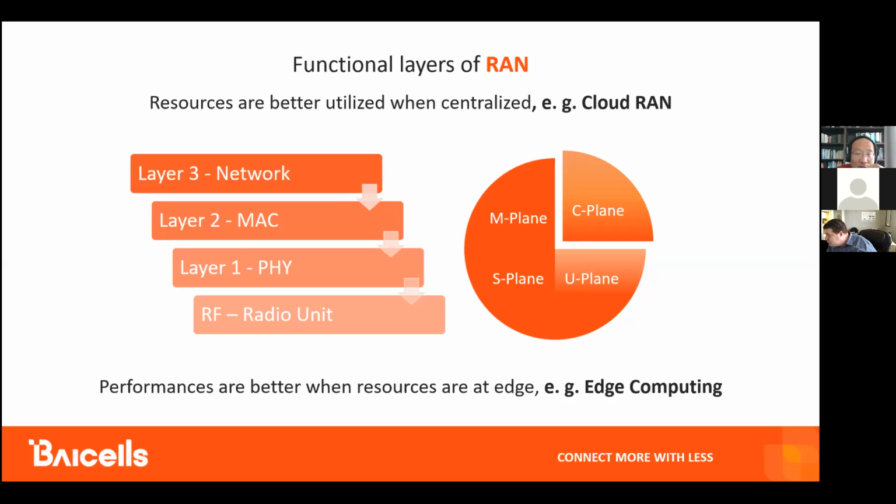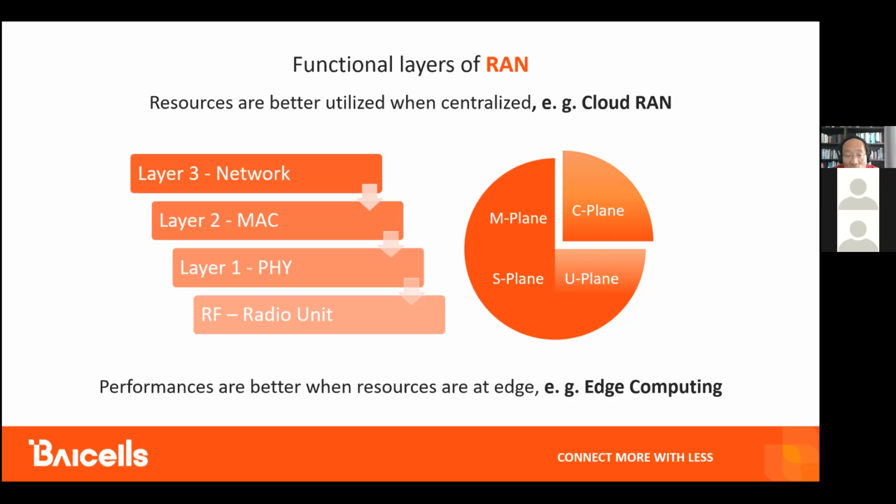And on the right, you can see that Open RAN can also be split into different planes. There is a user plane where user traffic is flowing. There is a control plane where authentications and controls of the RAN are taking place. There is a management plane where you can manage and operate the network.